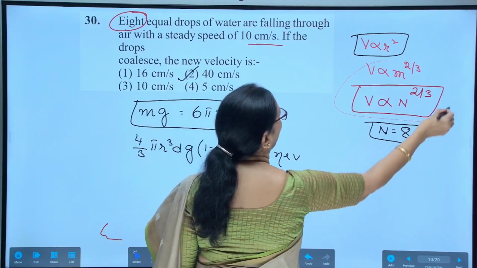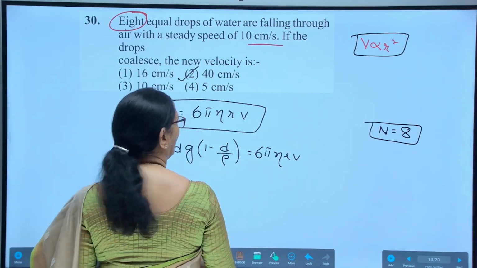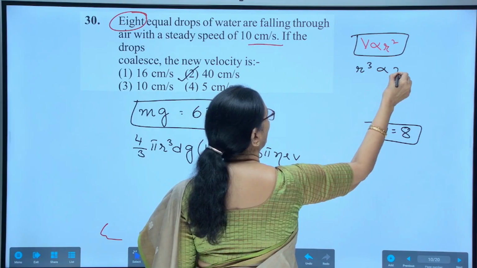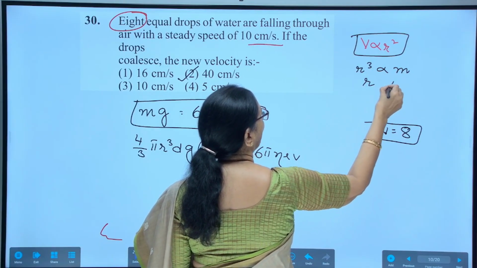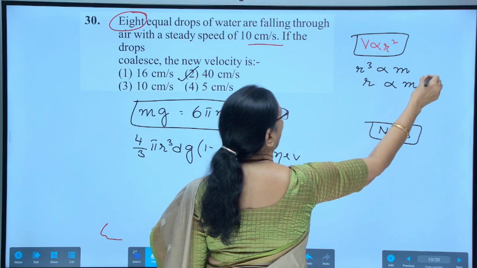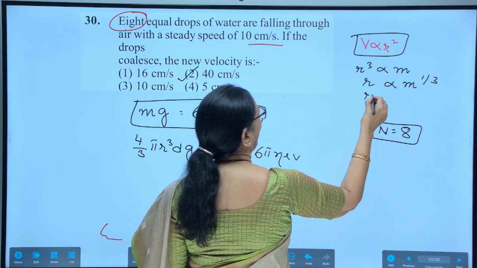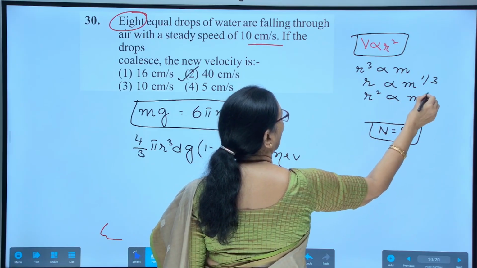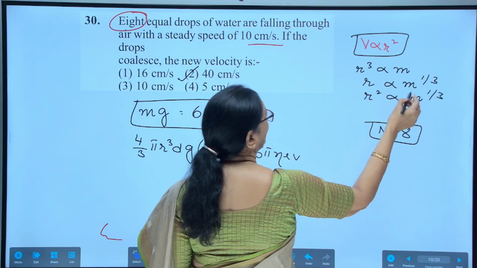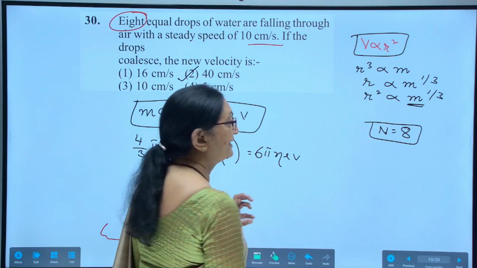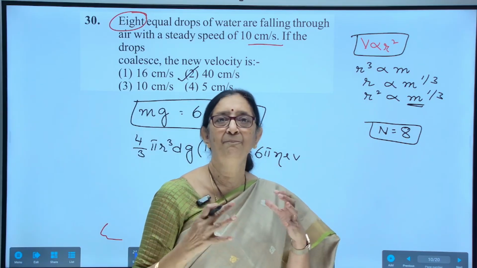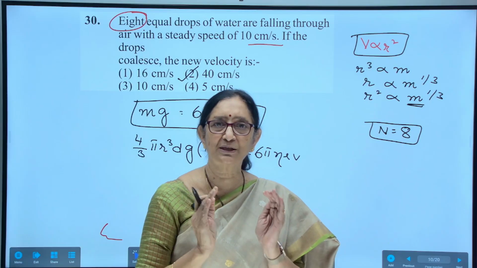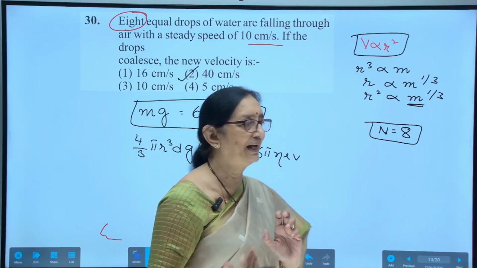So, let me write v proportional to r square, r cube proportional to mass. So, r proportional to m to the power of 1 by 3, r square proportional to m to the power of 1 by 3. When 8 drops coalesce, mass becomes 8 times. So, when n drops coalesce, mass becomes n times.